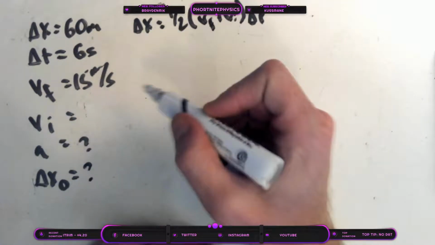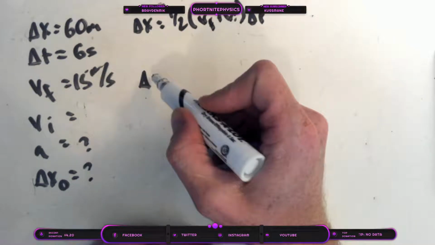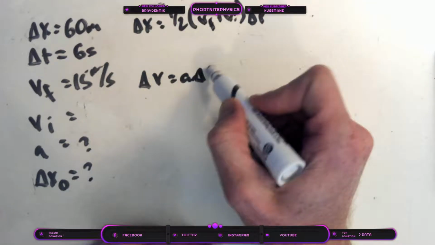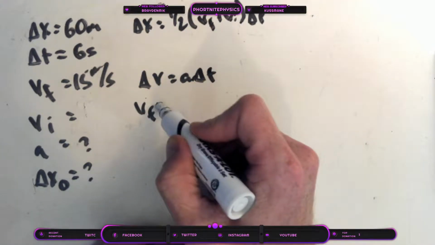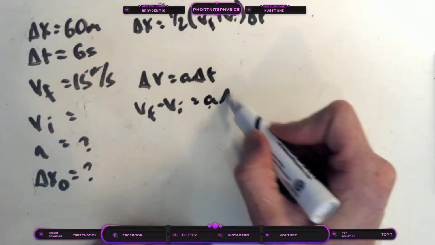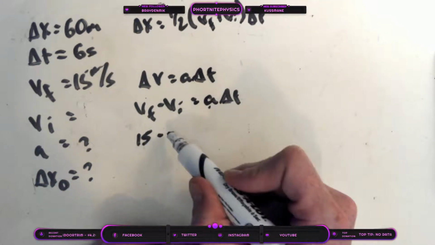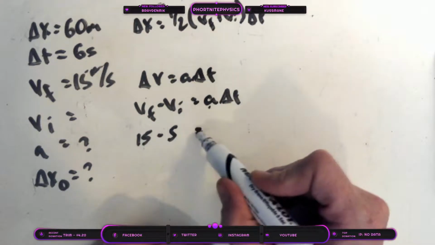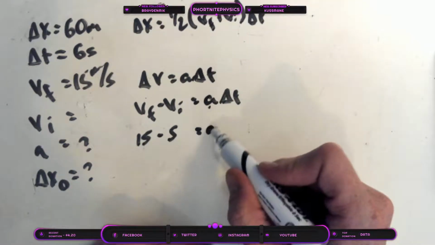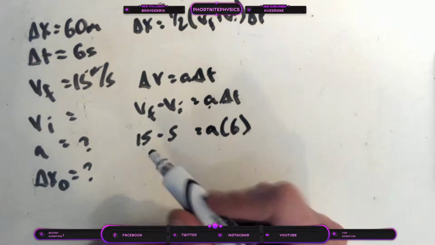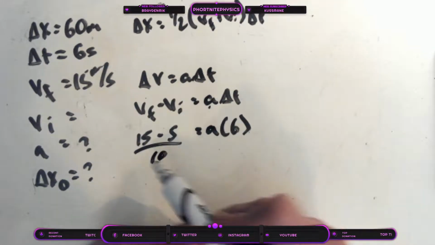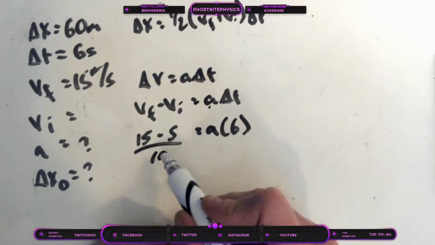So, I'm having to redo some of it. VF minus VI equals A delta T. It goes from 5 to 15. So it's actually 10.